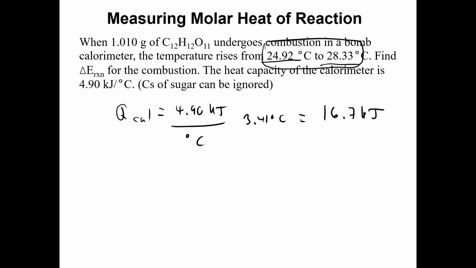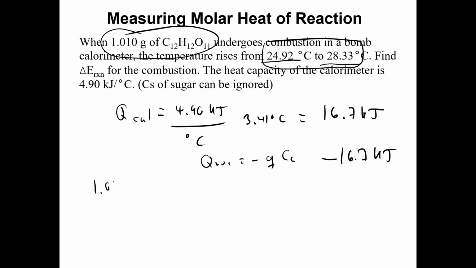Okay, now Q of the reaction is going to be equal to a negative Q of the calorimeter. So now I know that we have minus 16.7 kilojoules for whatever that is, moles. And so I can calculate that.